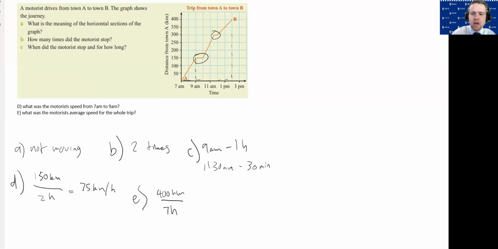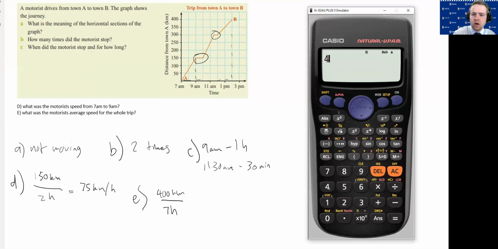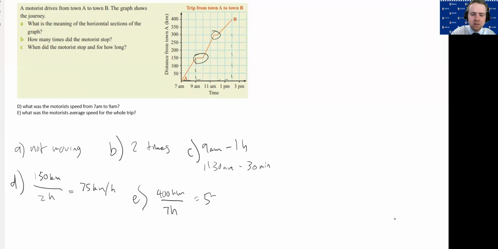So we just whip out our calculator. 400 divided by 7 gives us 57.1. We'll just go to 1 decimal place. 57.1 kilometers per hour, and that's to 1 decimal place.